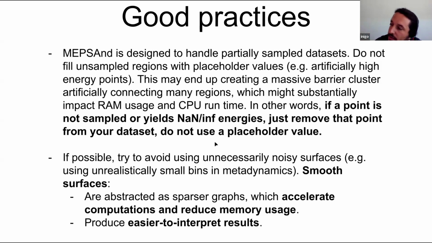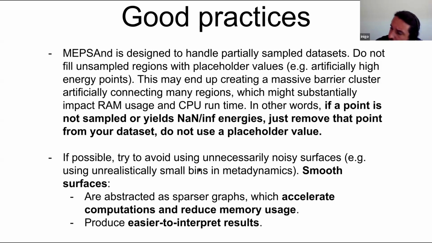Do not create these high energy values all throughout the non-sampled regions, or otherwise you may end up having the risk of creating a huge cluster outside of your sampled region that is basically connecting to everything around, and this is just going to create a lot of unnecessary RAM and CPU overhead for no useful reason.